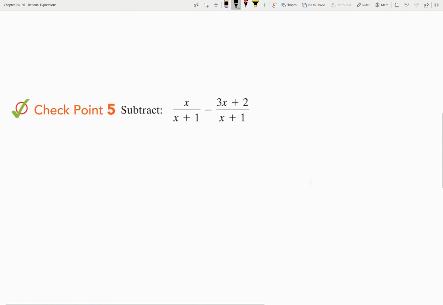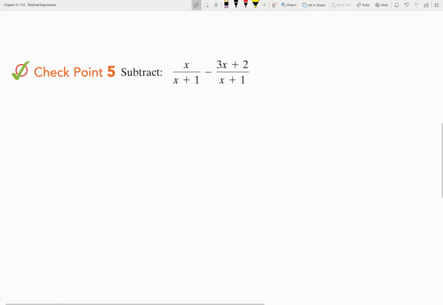Let's try the checkpoint. I see a common denominator, so I know that's a good thing. Okay, so we're going to have x minus both of these, which then gives me negative 2x minus 2 over x plus 1.